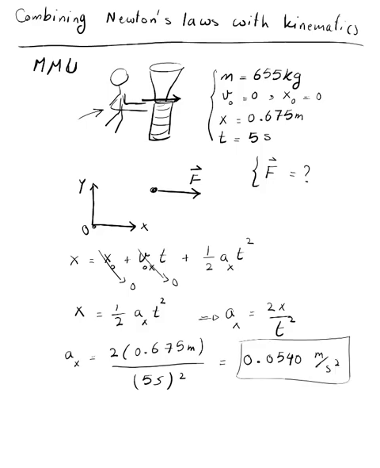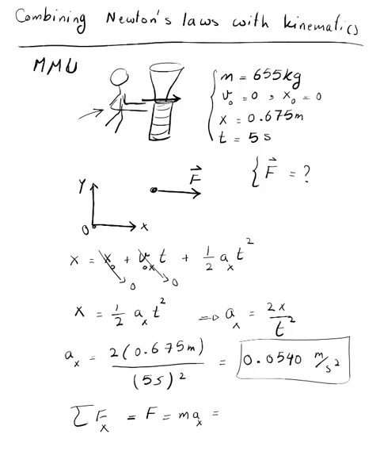Now that the kinematics has provided the acceleration, I can use the x component of the second law to find the force. Only one force acts on the satellite, and that is the x component of F. So I can write the summation of all forces in the x direction equals F equals m a x.